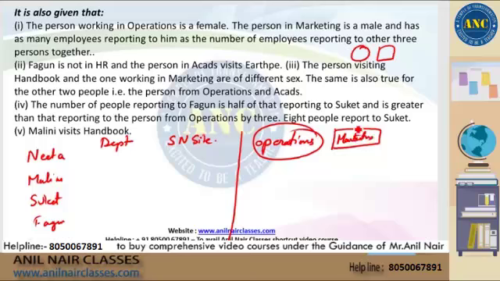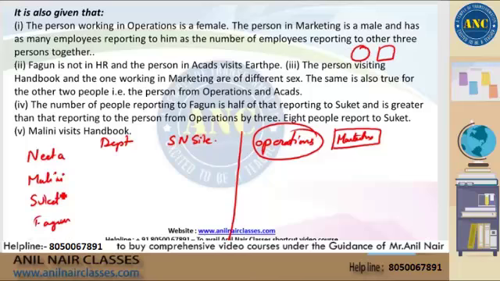Now in this question, can I decide based on the name? Fagun has to be a male, Suket has to be a male, Nita male or female? We cannot do that in these questions, more often than not. So we will not take the names as the way to find out whether the person is male or female. We'll have to use the data given in the clues to find out the gender of the person.